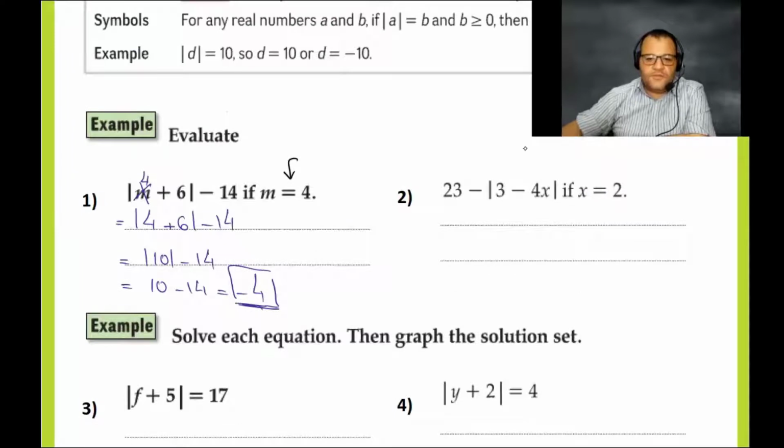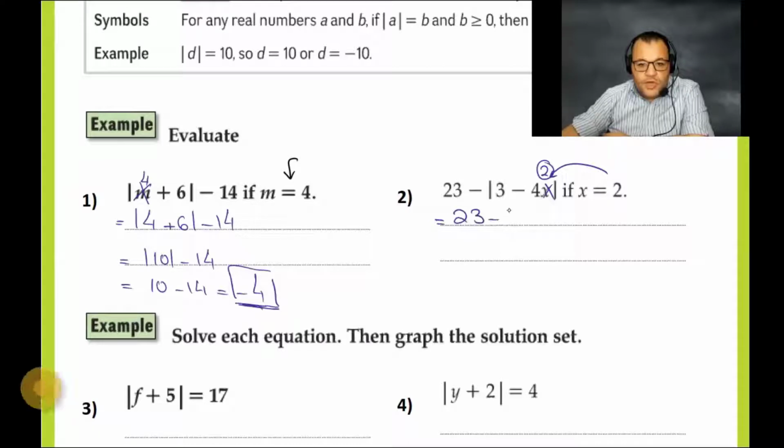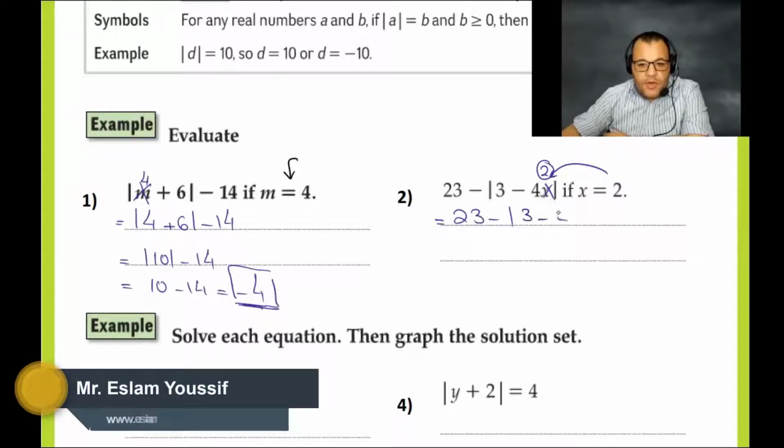Okay. Now we need to evaluate the expression when x is equal to 2. Just replace x with 2. So how we can solve it? 23 minus the absolute value of 3 minus 4 times x.